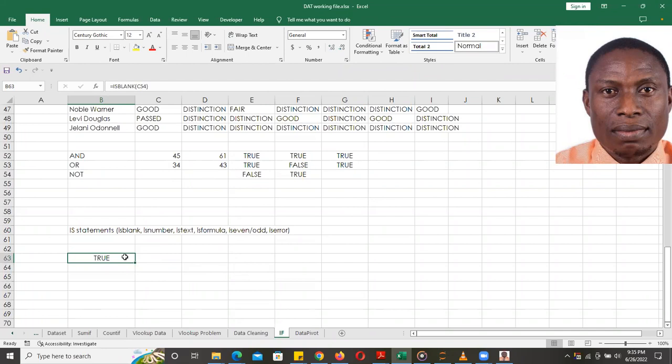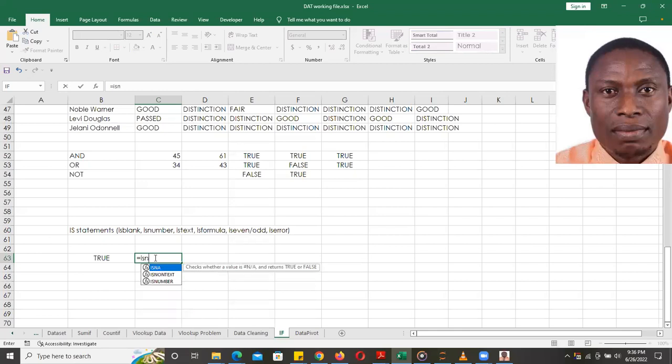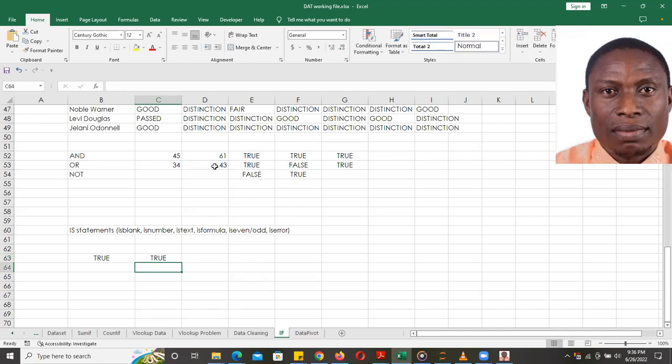Okay, that is blank, right? So let me check ISNUMBER. We want to check whether what we have inside that cell is a number. Okay, so it's telling us true.